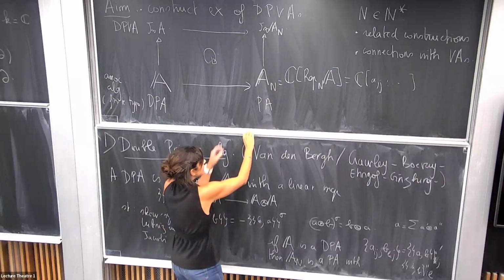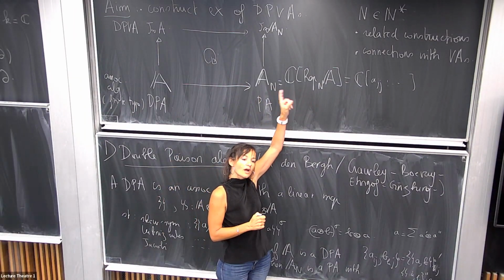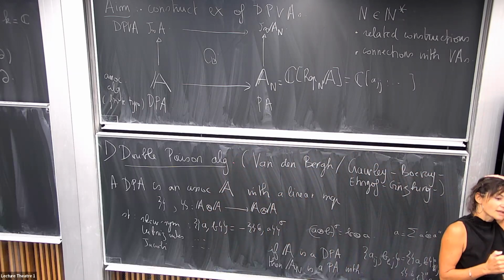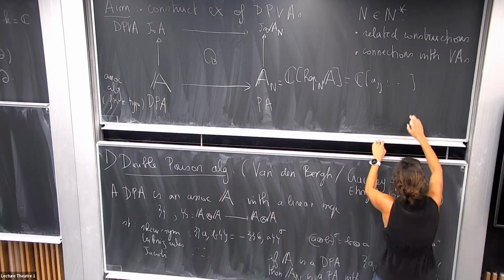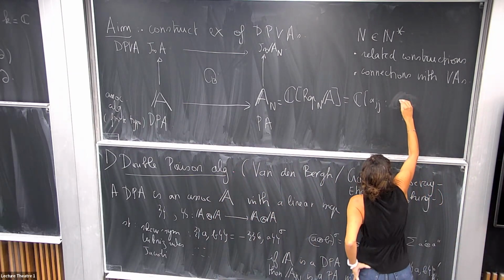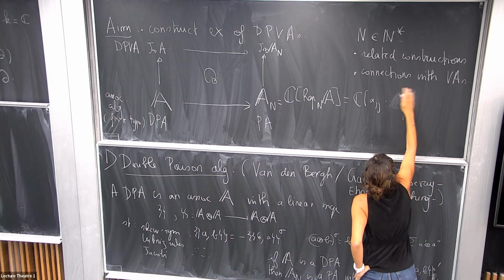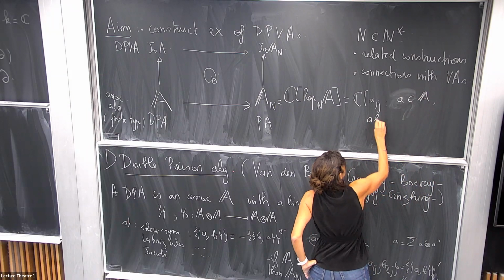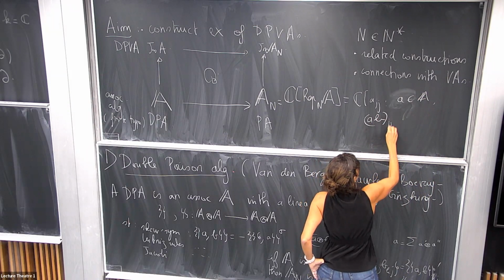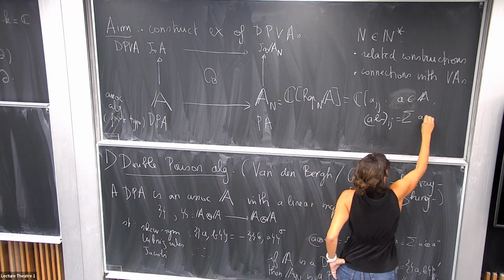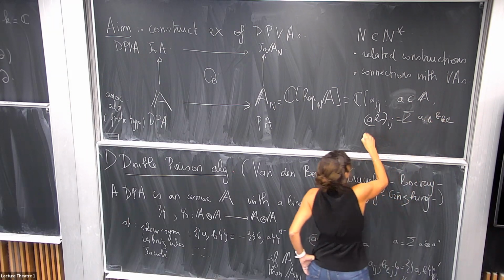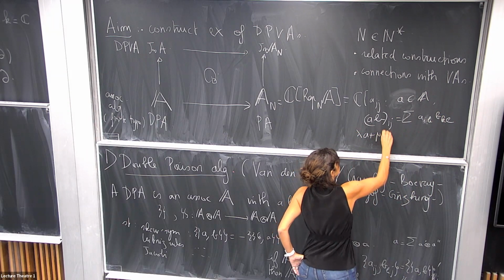A_n is the coordinate ring of the affine scheme of representations that parameterizes n-dimensional representations of A. If you want a precise definition, it is generated by elements like this, and the relations you want, it's the coordinates of matrices, and you also want linearity and so on.